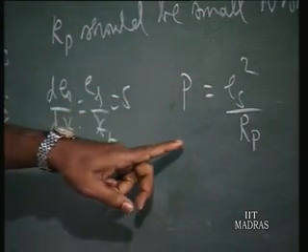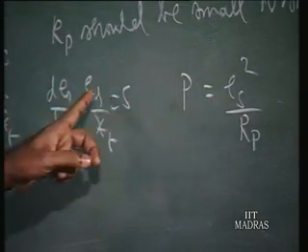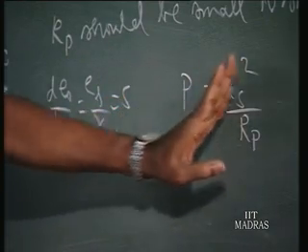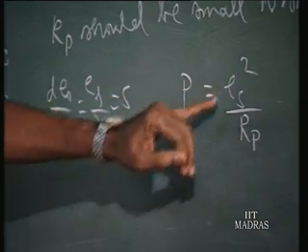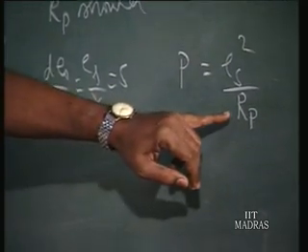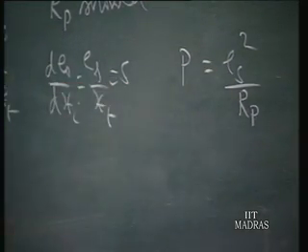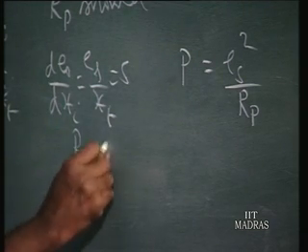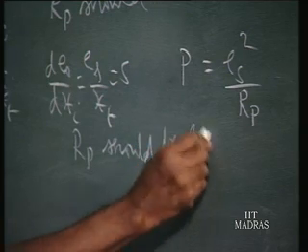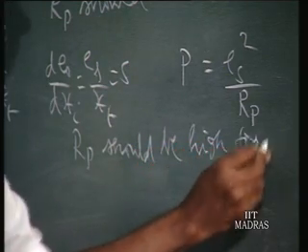So, when you want to have larger ES for larger sensitivity, the power is always constant. When you increase ES, you have to correspondingly increase Rp also. That means, to have higher sensitivity, you should have higher Rp.